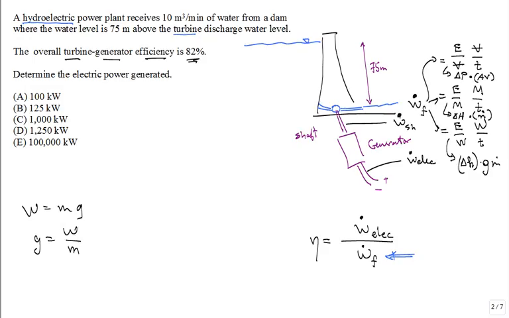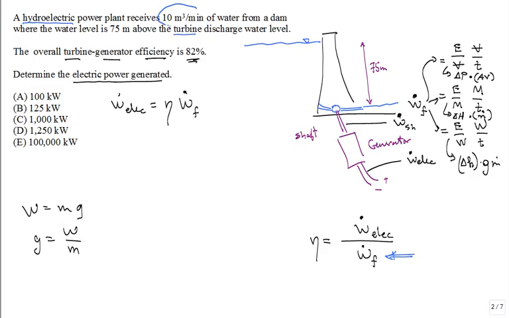Let's break this down. What do we want to calculate? The electric power generated. That's W dot electric in my notation. And that would be the overall turbine generator efficiency times the power that could be maximally extracted out of that fluid stream, which can be described a number of different ways. I look at the information given.